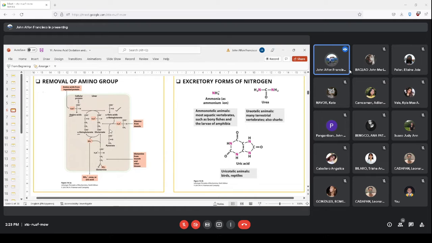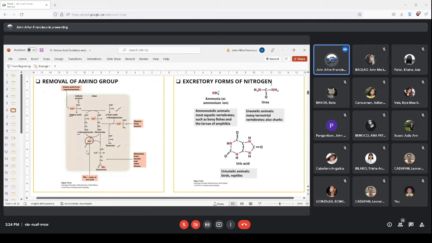Right? Yung carbon skeleton na to will be moved forward to form pyruvate or any other starting material for different catabolic pathway. And ang pinakamahalaga dito is yung removal of the toxic amine group. So this is ammonium ion. So yung ammonia mo, this is toxic to the body and it should be wasted.